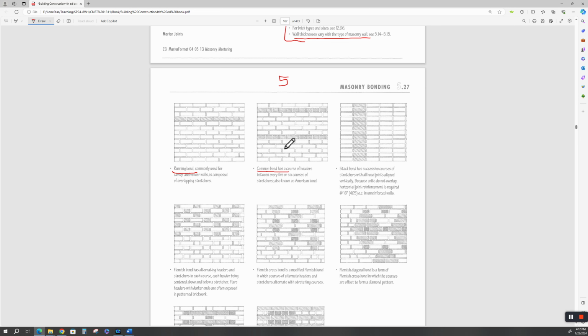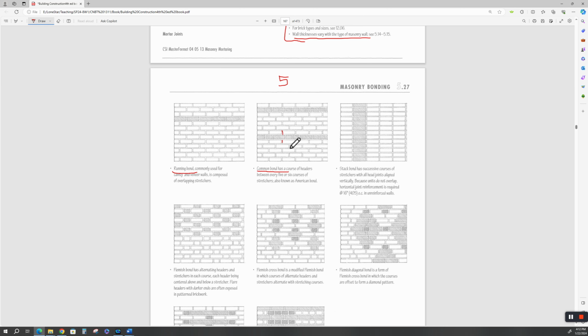This makes for a very strong bond. It's still laid as a running bond. You'll see that this joint hits a masonry unit, that joint hits a masonry unit, and you do this for 5 or 6 courses, and you tie the two wythes together.